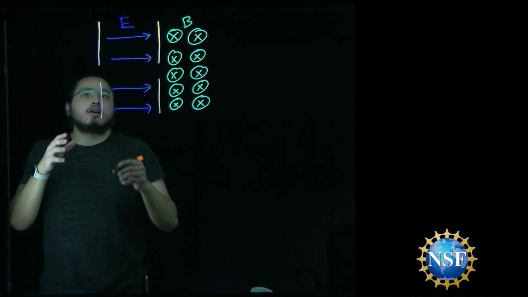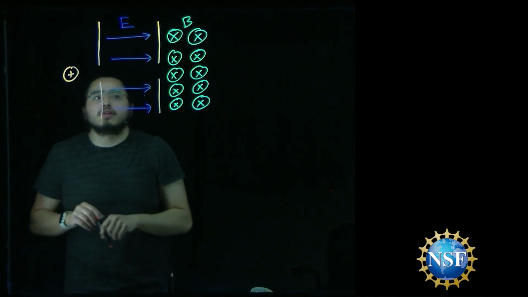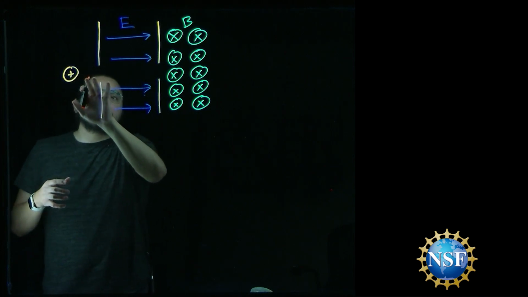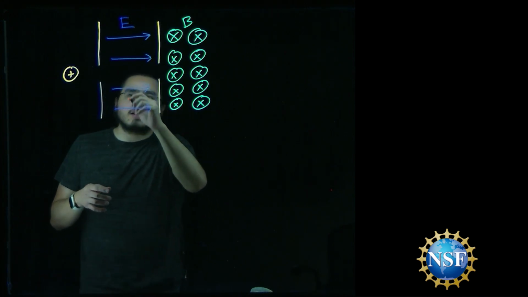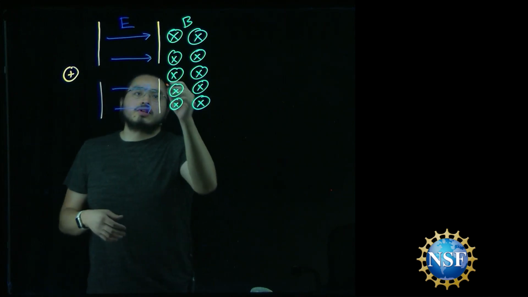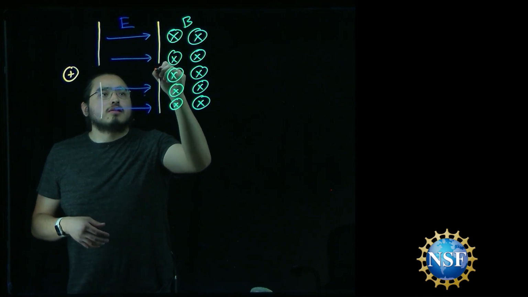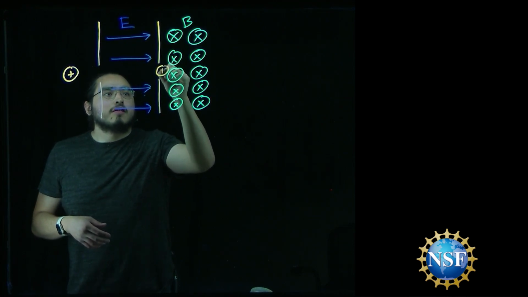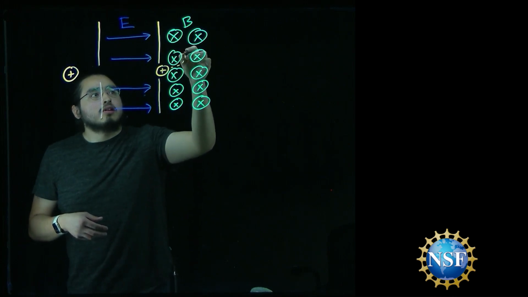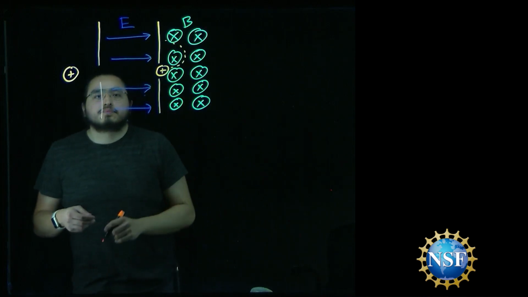Alright, and then let me draw our positively charged particle here, and it has some initial velocity just so it gets in between these plates, and then it gets accelerated due to the electric field, and it comes out at some point here, and then it begins feeling the effects of the magnetic field causing this motion.